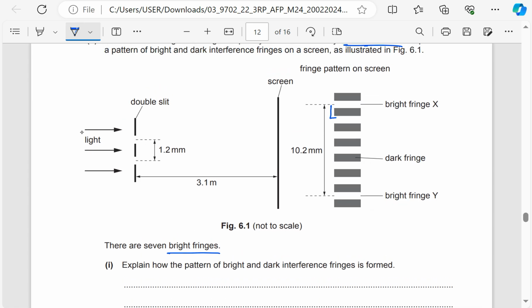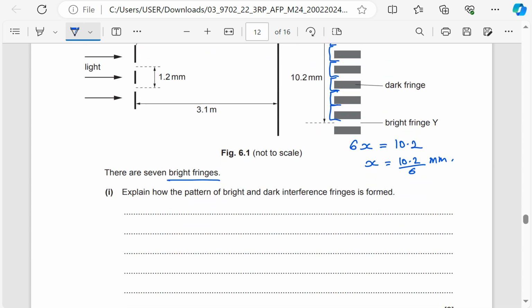This is X, 2X, 3X, 4X, 5X, 6X. So 6 times the separation of bright fringes is equal to 10.2 millimeters, which means the distance between two successive bright fringes is 10.2 millimeters divided by 6. This is in millimeters.